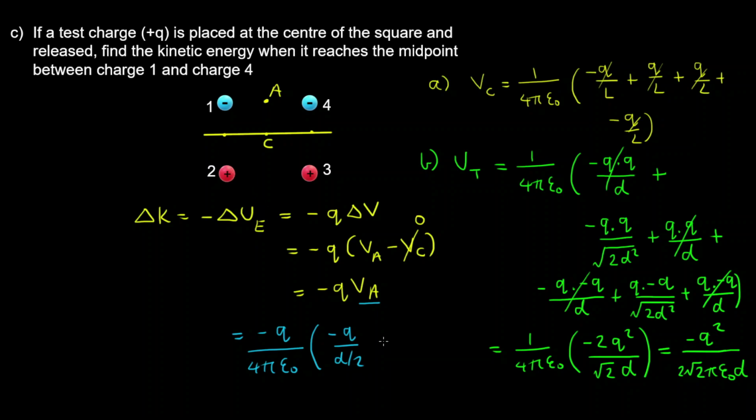Then plus the contribution of charge 2, which is Q over the radial distance from charge 2 to point A, the square root of d on 2 squared, the horizontal distance, plus the square of the vertical distance.